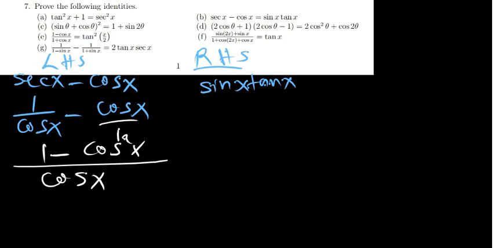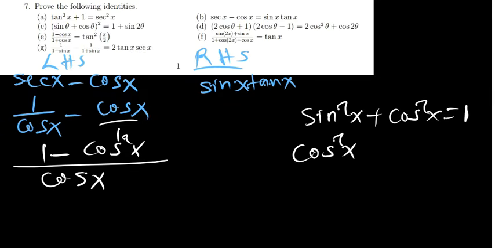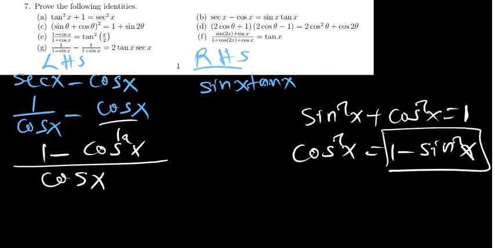Remember, we said sine squared x plus cos squared x is equal to 1. I can make cos squared x the subject of the formula. I'll shift sine to the other side and replace this with what I have.